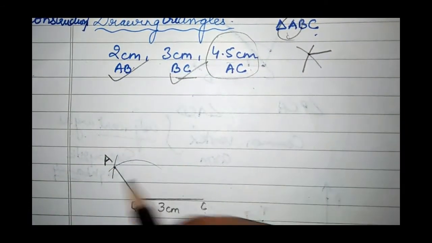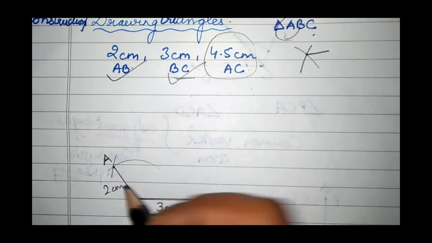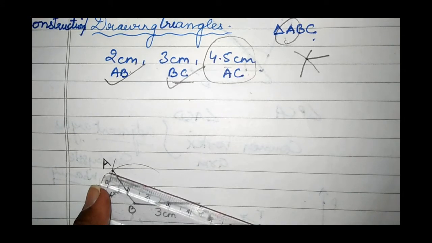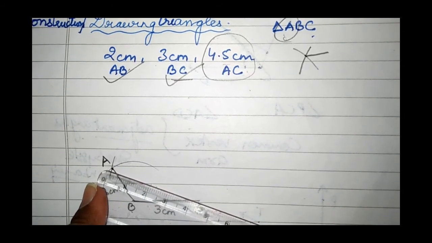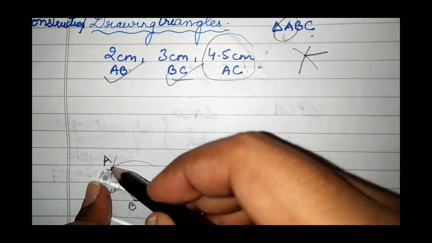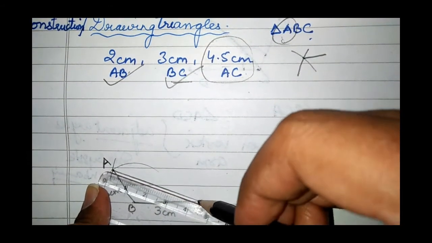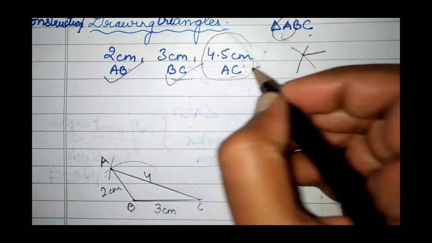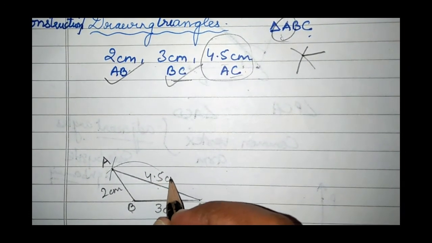So the length of AB was 2 centimeter, so you will write here 2 centimeter. In the same way you will join A to C like this, and when you join, you will get this length equal to 4.5 centimeter. So see, AC was 4.5 centimeter.